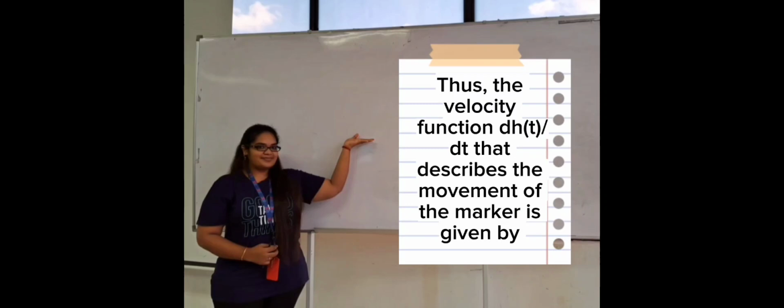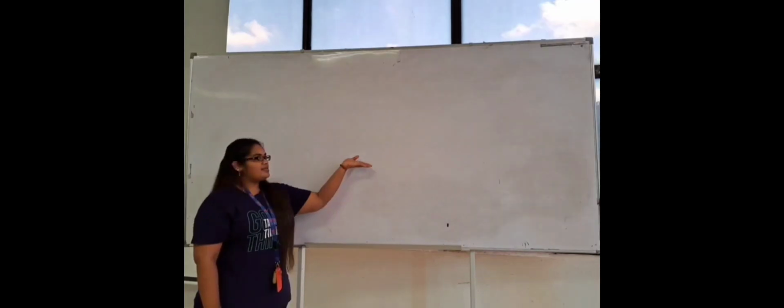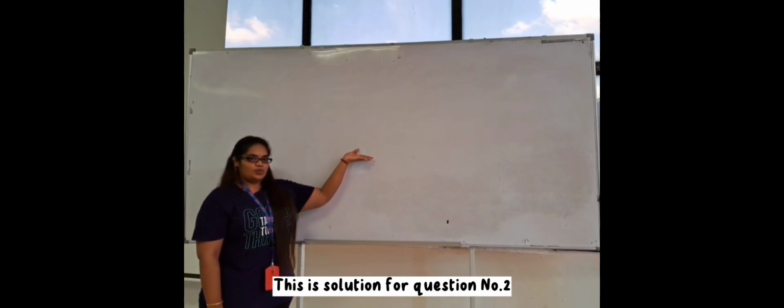Thus, the velocity function dh(t)/dt that describes the movement of the marker is given by dh(t)/dt equals 2at plus b.